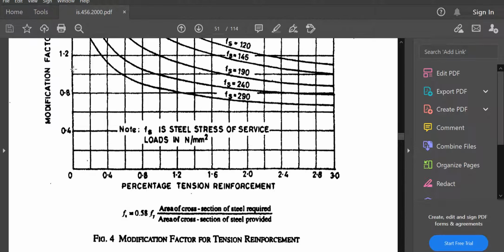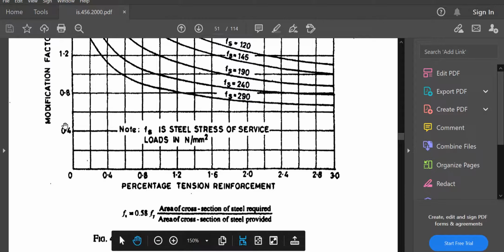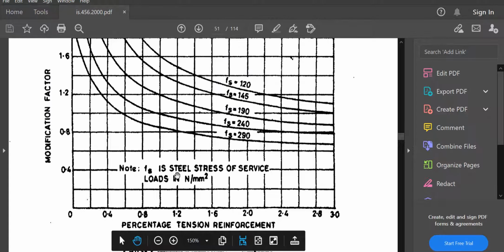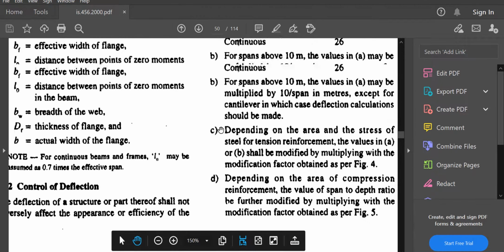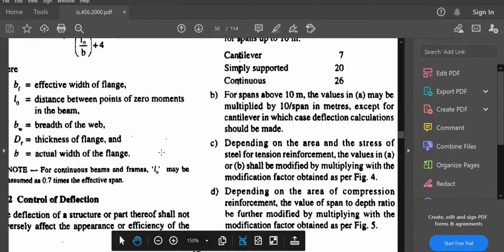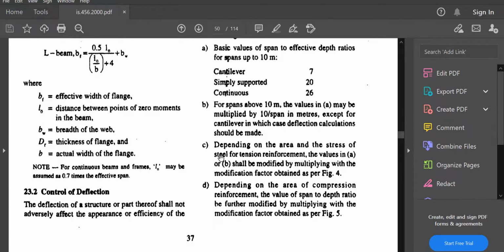So you'll get nearly 1.05. That is, this value is lying somewhere here, so you will approximately take it as 1.05. So you got the modification factor as 1.05. That is your alpha 3. So you will get the value for alpha 3 from figure number 4.